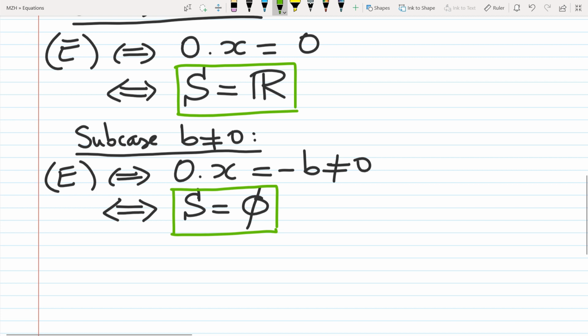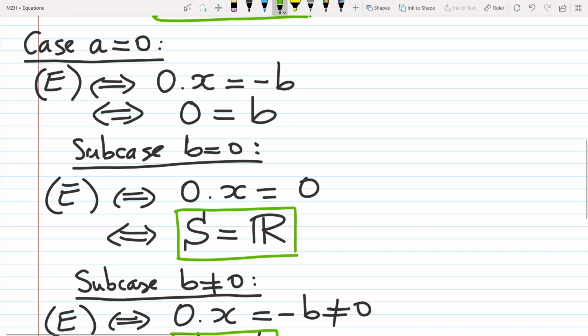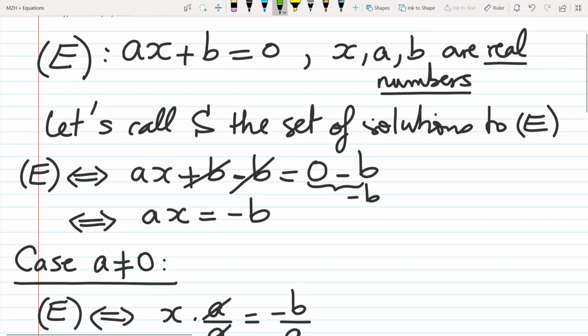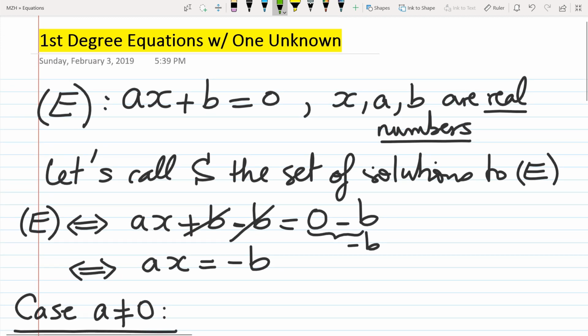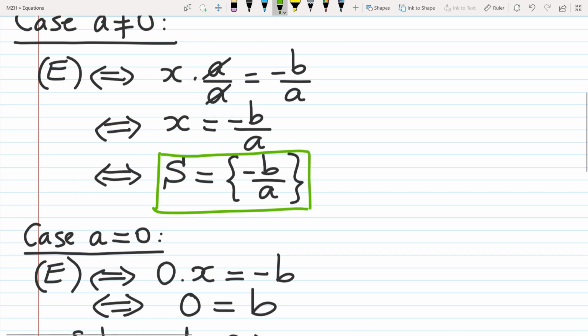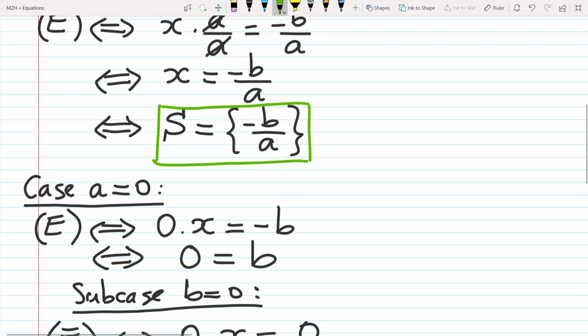So if we summarize the results that we found here, you can see that this equation ax plus b equal to 0 has three solutions based on what a and b are. The first one is when a is different from 0, the set of solutions is minus b over a, regardless of the value of b.